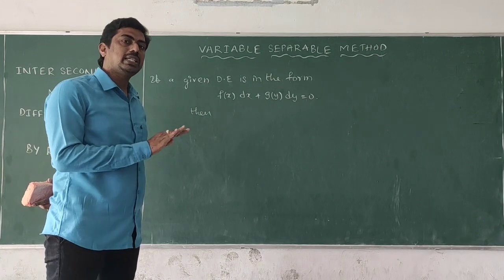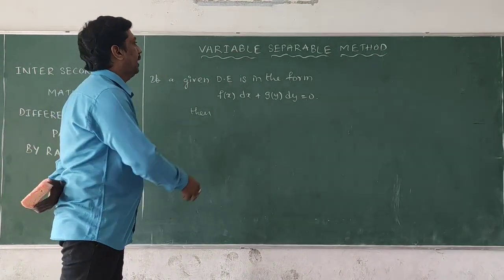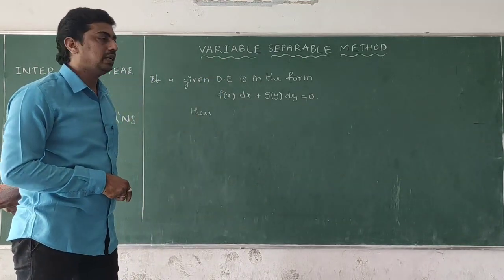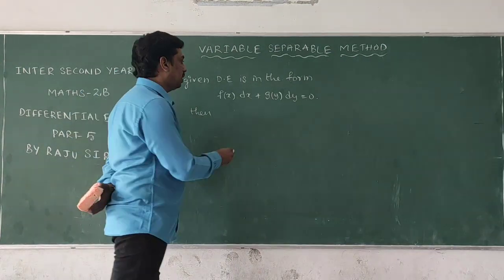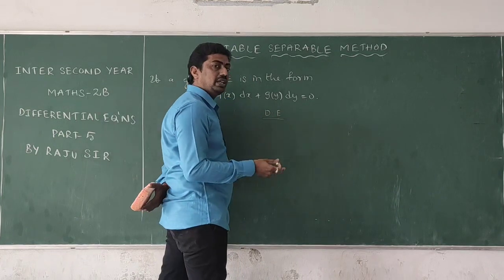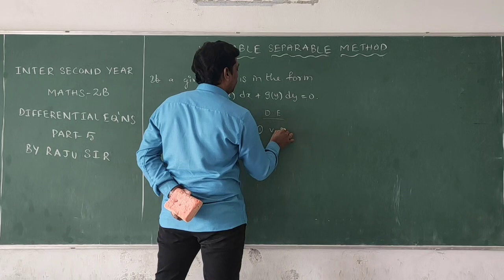Up to now just formation of DE completed. Today's class I will explain the variable separable method. I clearly explained in the previous class that in order to solve differential equations, we have various methods in our syllabus. What are they? First one, variable separable.